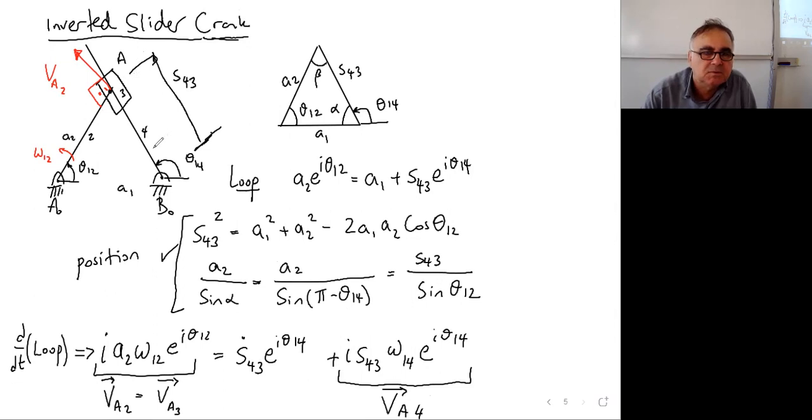So VA4 is, let's say if this is omega 1,4, VA4 has to be perpendicular to the fourth link. So let me just draw it in a different color.